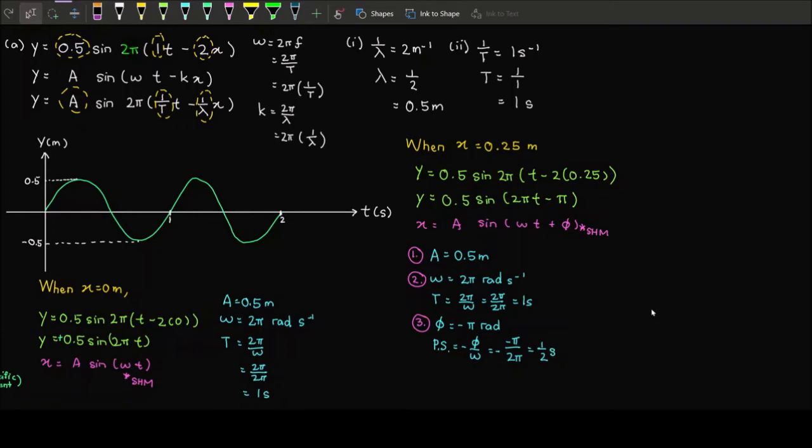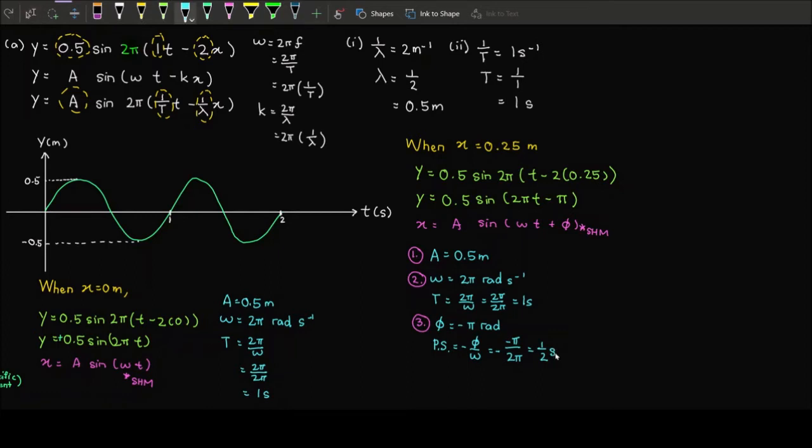So we extract three pieces of information. We extract the amplitude, and we leave it just as it is. We extract omega, and we transform it into period. Then we extract phi, and we transform it into phase shift. This phase shift represents how much we need to shift. If we get half a second, it means our graph needs to shift half a second to the right. If it's negative half, then it shifts half a second to the left.